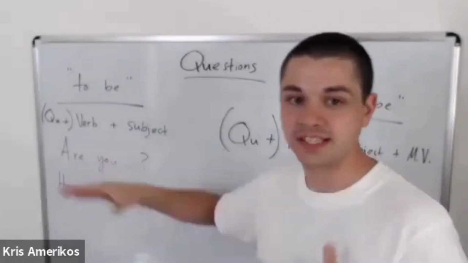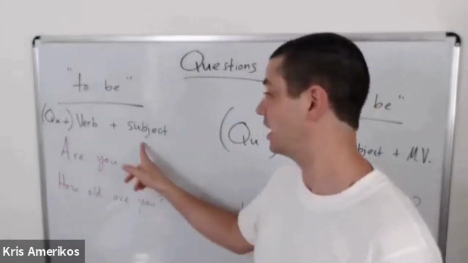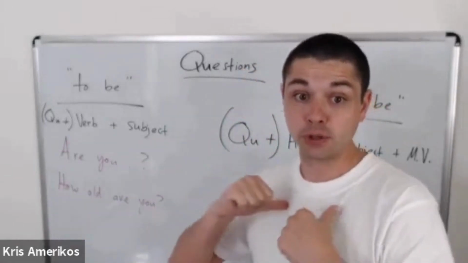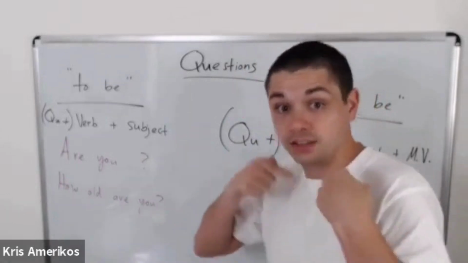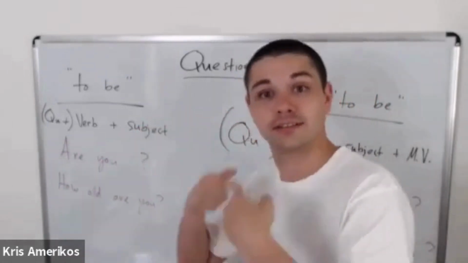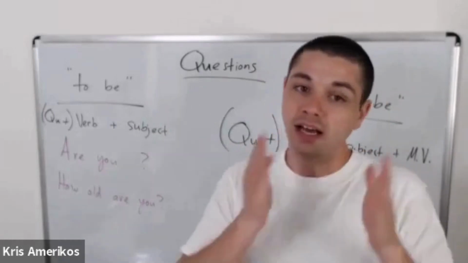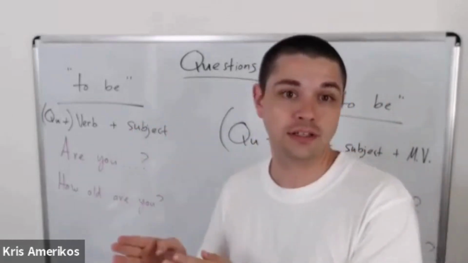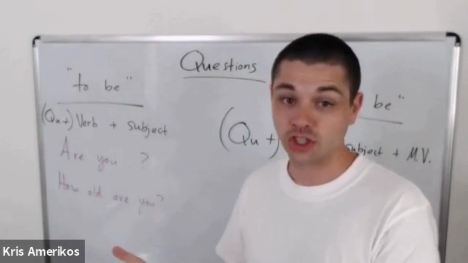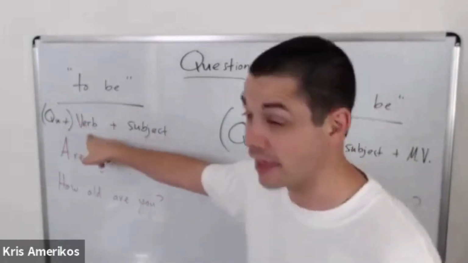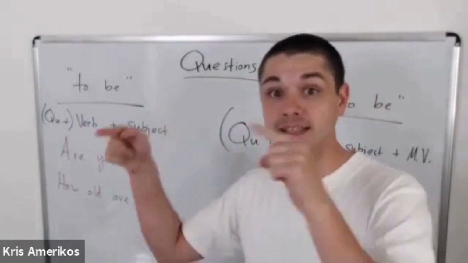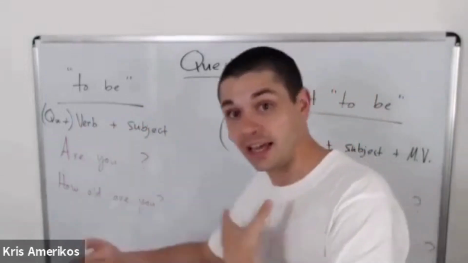A verb is the action that we do, and the subject is the person or the thing doing the action, right? So we could say, for example, I am hungry, not a question, because we have subject and then verb. I am, right?